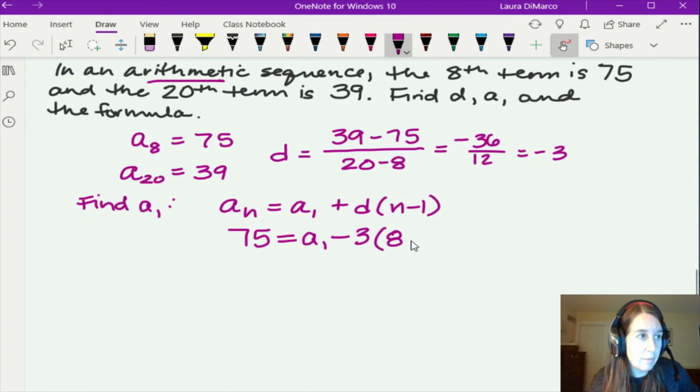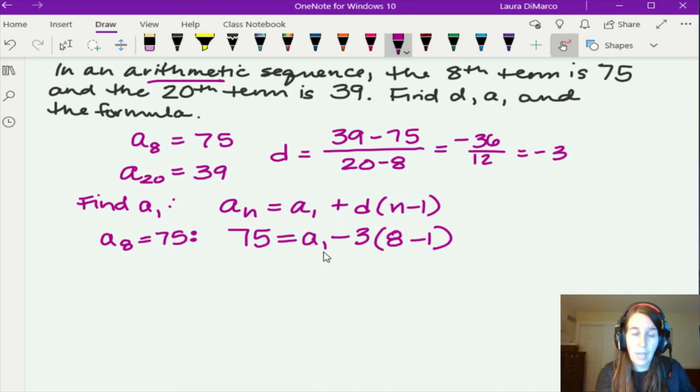So 8 minus 1, okay? This is for a sub 8 equals 75. That's the info I just plugged in. It would work the same as if I did a sub 20 equals 39. I could plug 39 in here and 20 in here. Okay, so that will tell me what a sub 1 is because it's the only thing I don't know there.